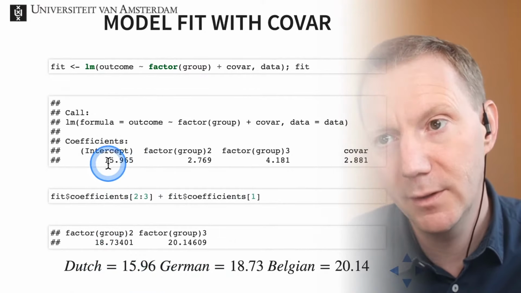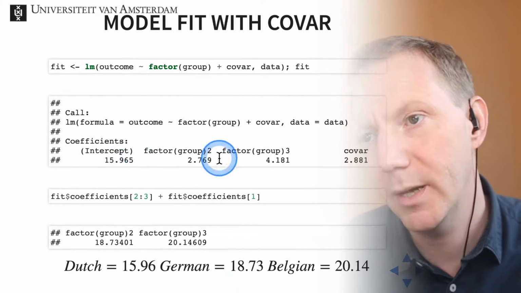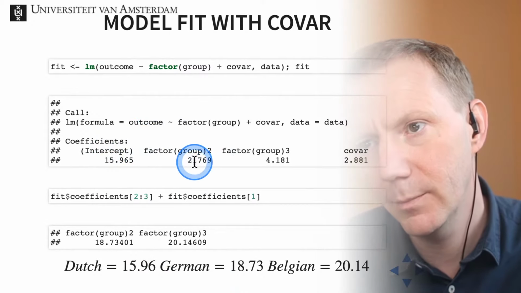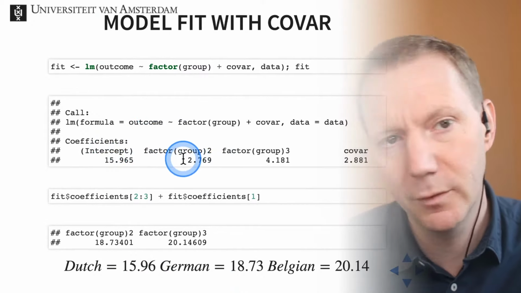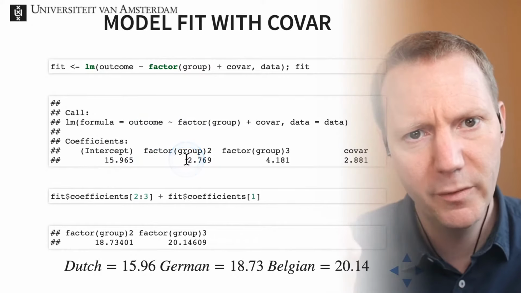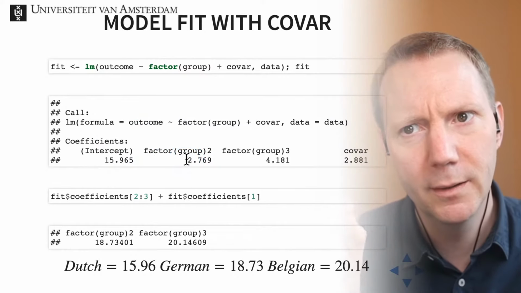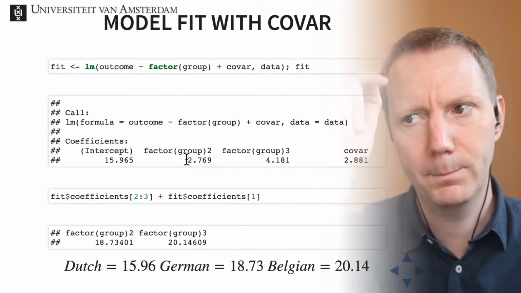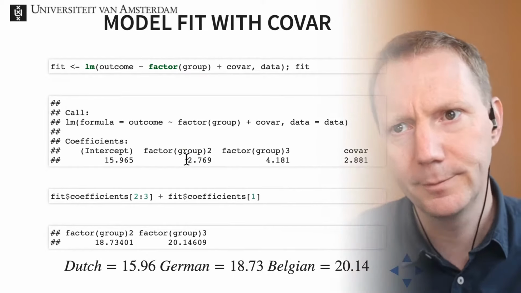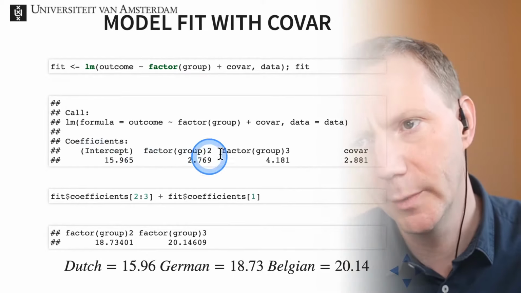If we add the intercept plus the beta coefficient for the first dummy variable, that means being German, then we have the mean for the German group.